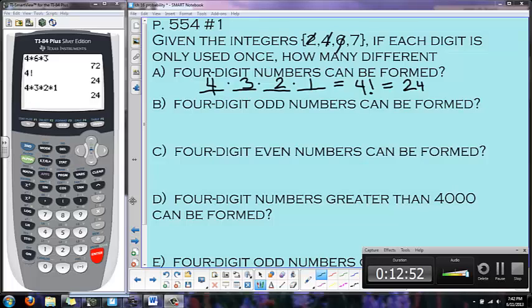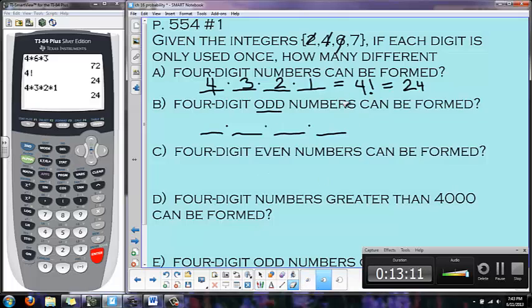What about if we need a 4-digit odd number? Alright, so I have 4 different place values, and I'm going to multiply them all together. Okay, well, this one's a little bit different because this time we're dealing with just an odd number. So we have to think about what it is that makes a number odd.